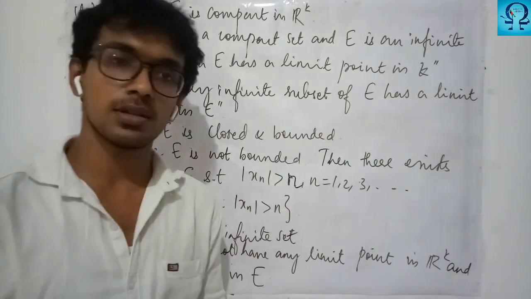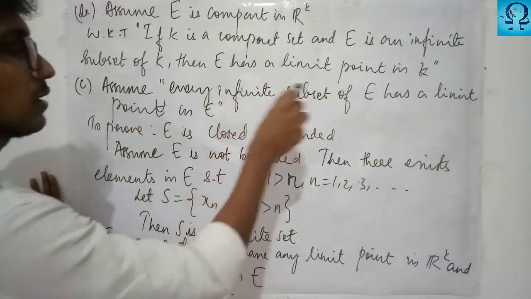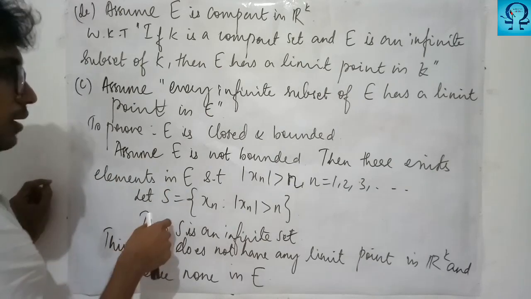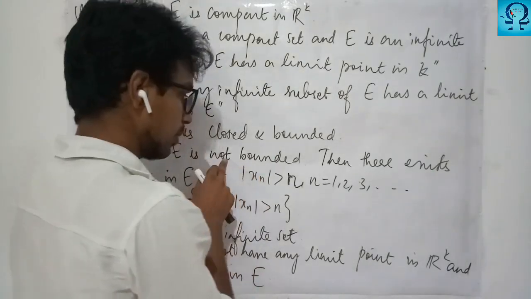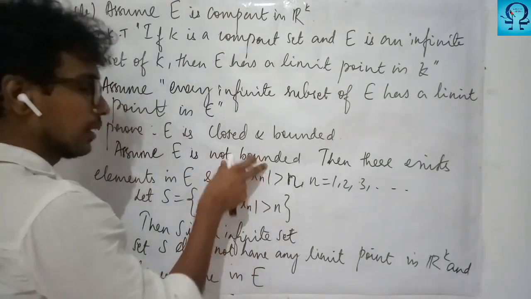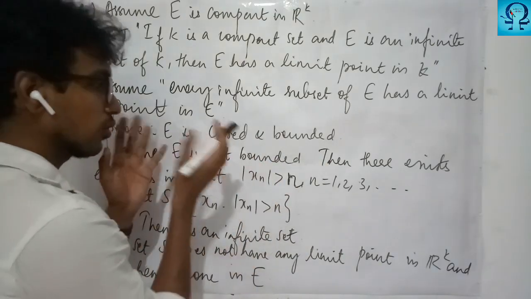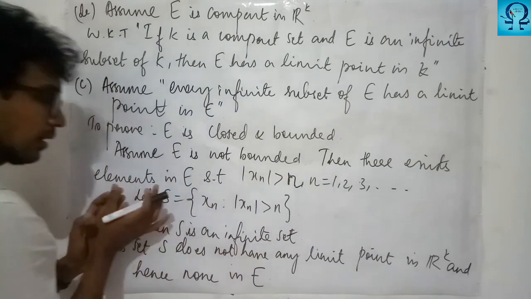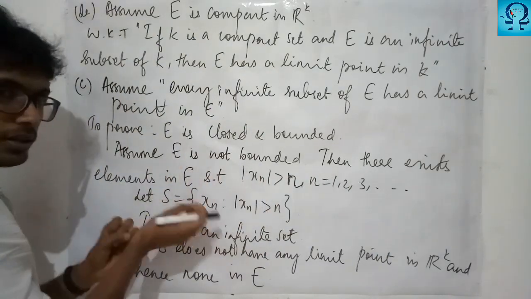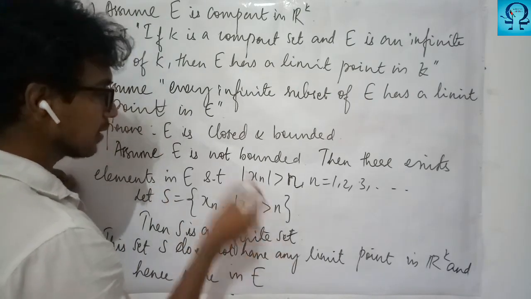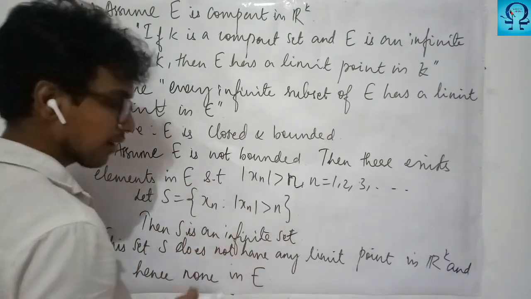But what is our assumption? Every infinite subset of E has a limit point in E. Here E is assumed to be not bounded, and there exist elements in E of this form. So from E only we are collecting these points and putting those points in S. So S is an infinite subset of E which does not have any limit point.